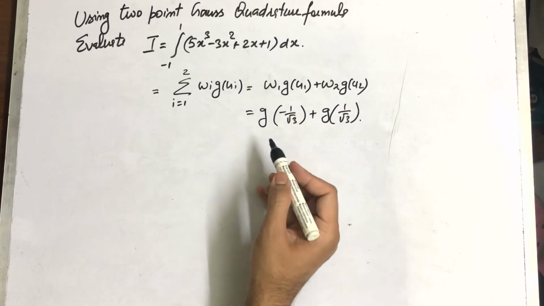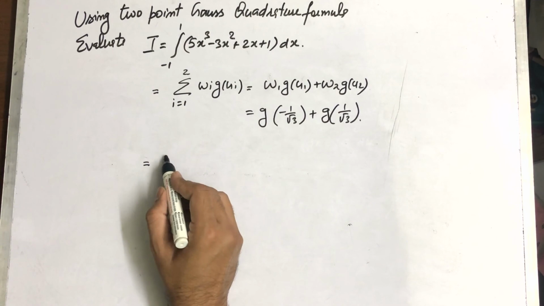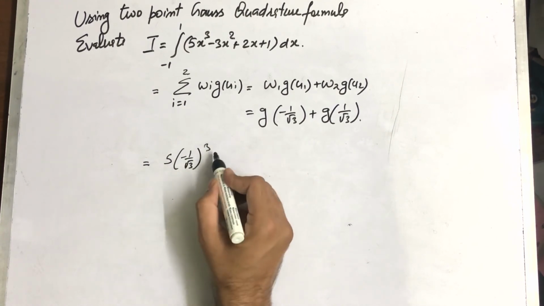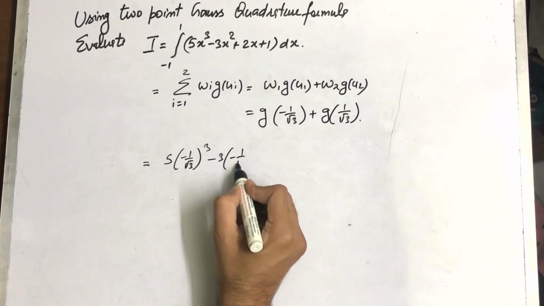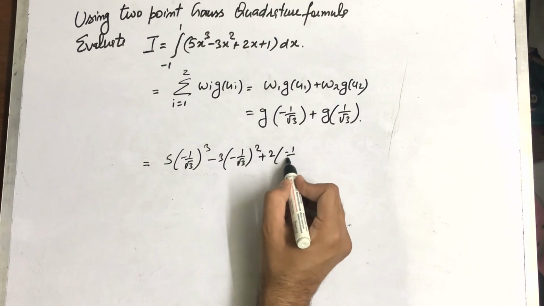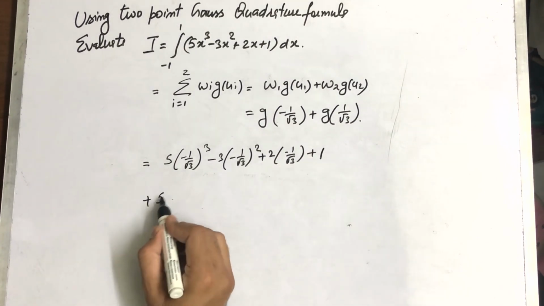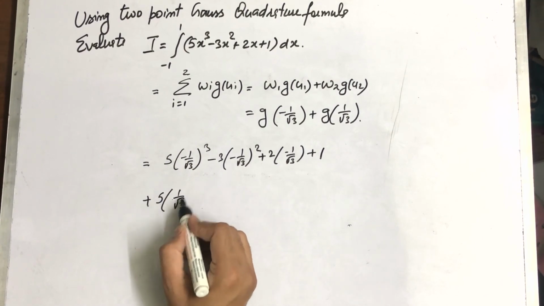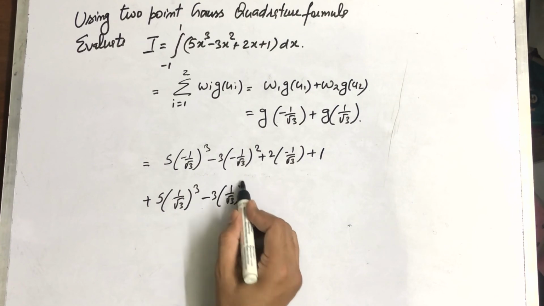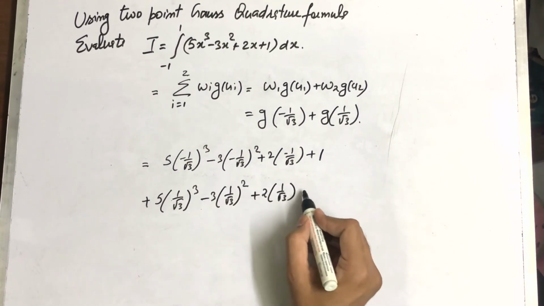And putting this formula here, it will look like 5 into minus 1 by root 3 cube plus 1 by root 3 square plus 2 into minus 1 by root 3 plus 1, plus 5 into 1 by root 3 cube plus 1 by root 3 square plus 2 into 1 by root 3 plus 1.